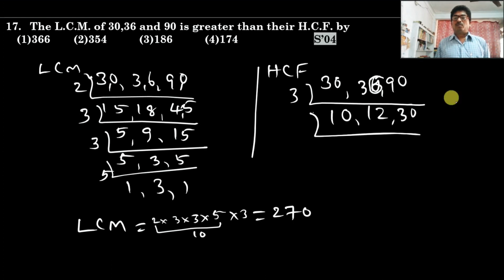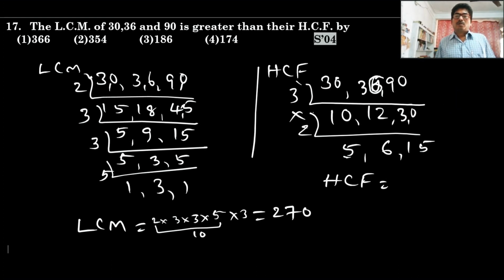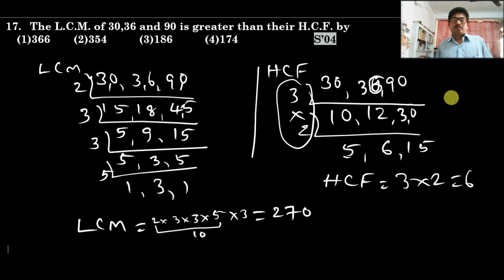So the 2 table now, 2 5s, 2 6s, 2 1s, 2 5s. So no number divides all of these. So that's why the HCF of these numbers is 3 2s are 6, so 6. So the HCF is 6.